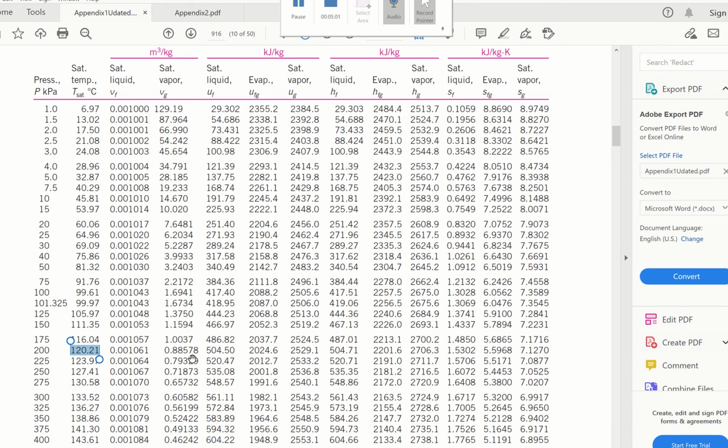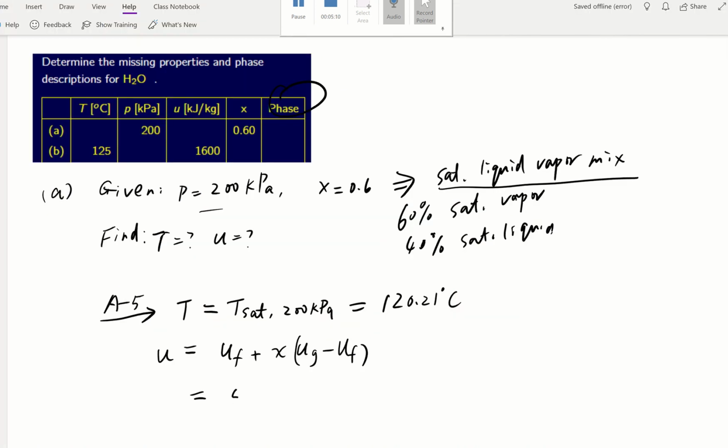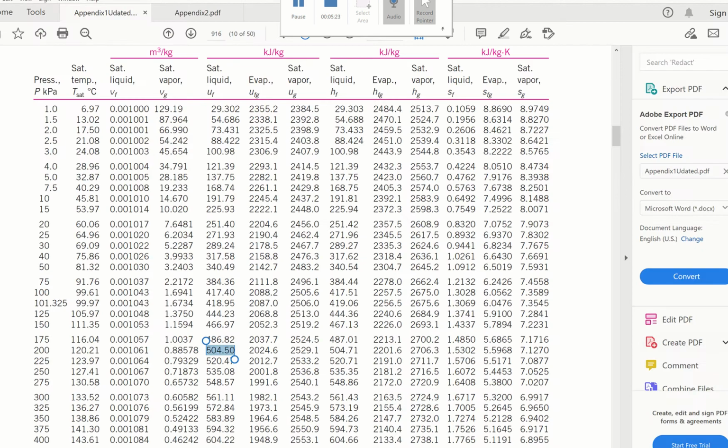At 200 kilopascal, Uf is this value, 504.5. Our quality is given as 0.6, and Ufg, the difference between Ug and Uf, is explained right here, this value, 2024.6.